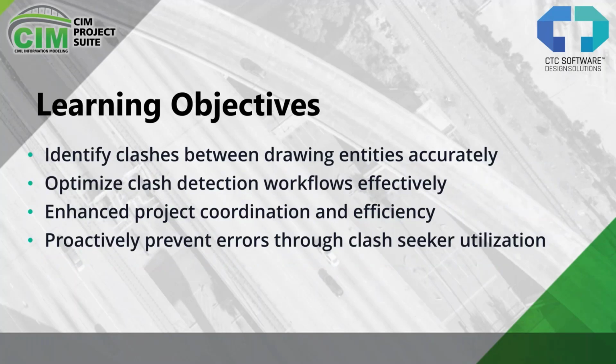We're going to talk about identifying clashes between drawing entities, how to optimize clash detection workflows and enhance project coordination and efficiency, and thereby proactively preventing errors before they get to the field.